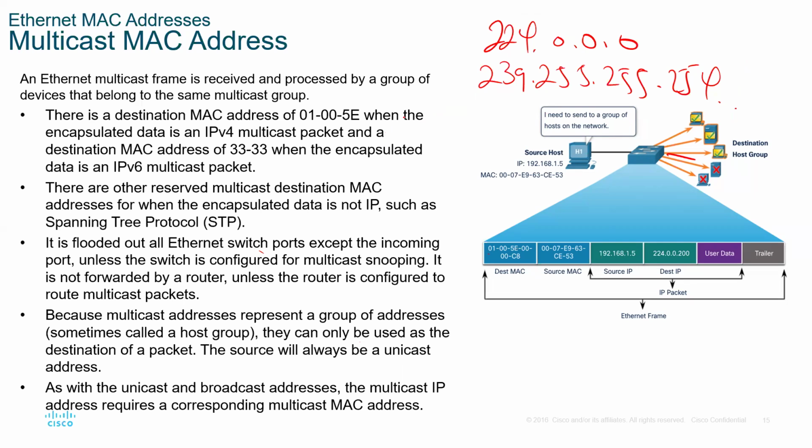Not all devices in the network, but the routers only. So that creates a group of devices, the routers. That creates a group of addresses. And if you want to send information to all the group of routers, you need to use a multicast address. So multicast addresses are very important. Very important, because of routing and switching.